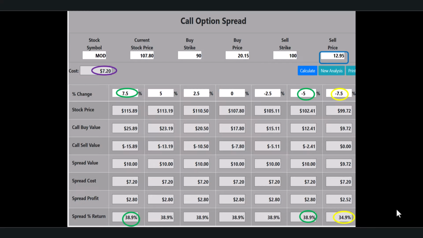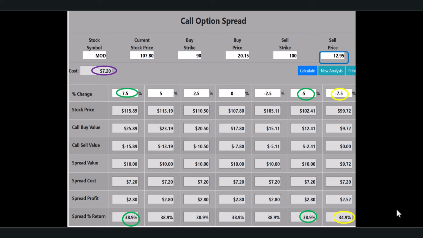The call option spread analysis calculator picture shows that the spread will make a 38.9% or $280 profit if the MOD stock price declines by 5%, remains flat, or increases in price when the options expire. If MOD is down 7.5% at expiration, the trade will make 34.9% or $252.